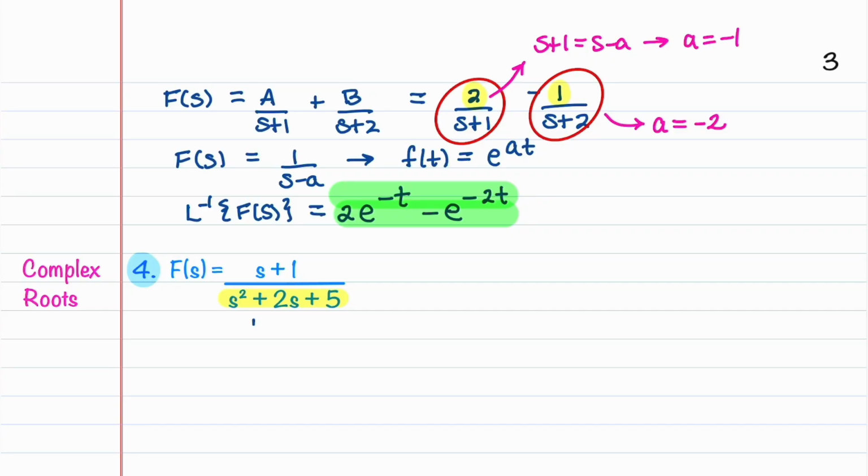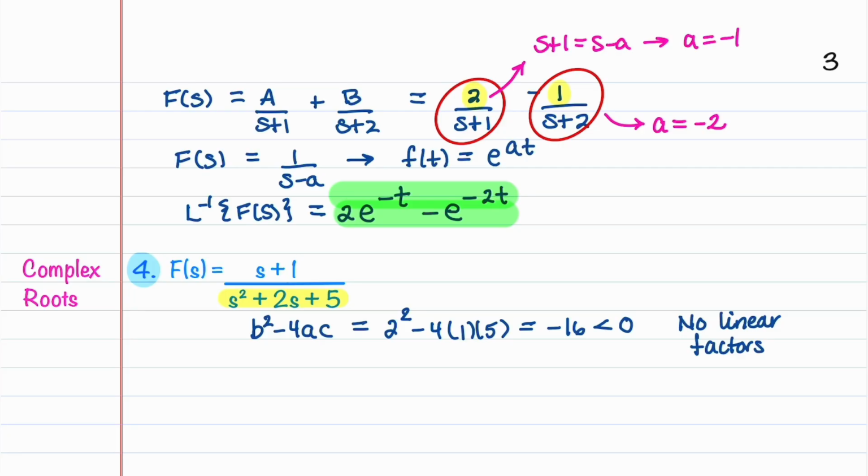The discriminant is b squared minus 4ac, so this is 2 squared minus 4 times 1 times 5. This is equal to minus 16, which is less than 0. That means we are going to have complex roots, and we can't factor it into real linear factors. So let's just write down no linear factors.